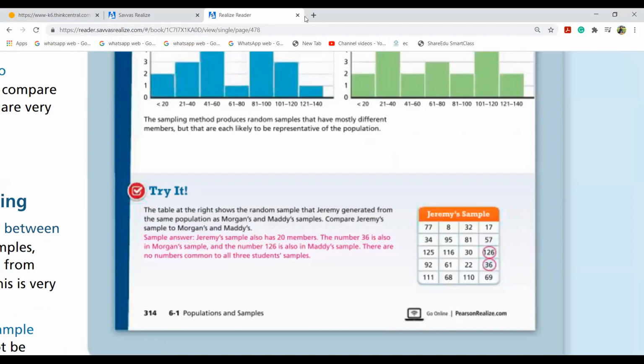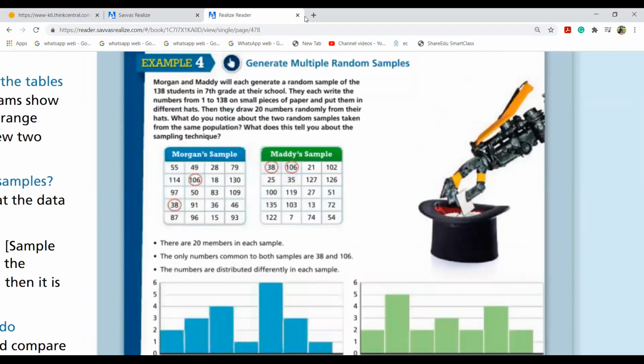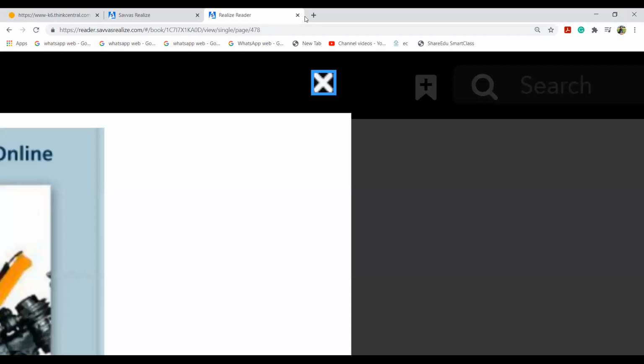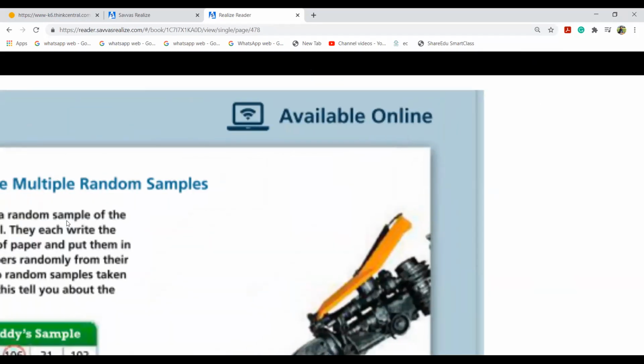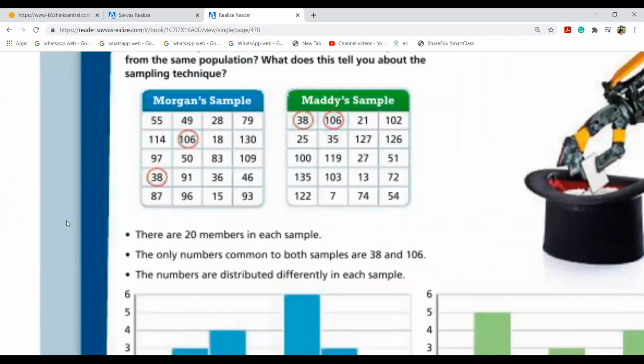Now, when I compare, Jeremy has also 20 members and the number 36 is also in Morgan's sample and the number 126. If we compare these three boxes, we have to check what is common in them. Even Morgan has 106 and even Maddie has 106.